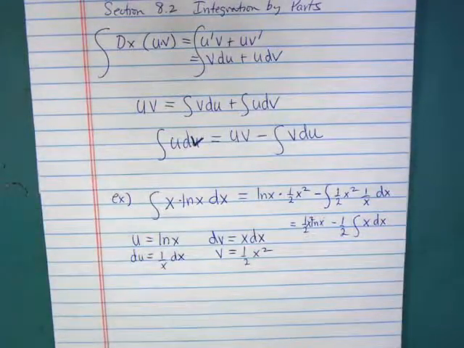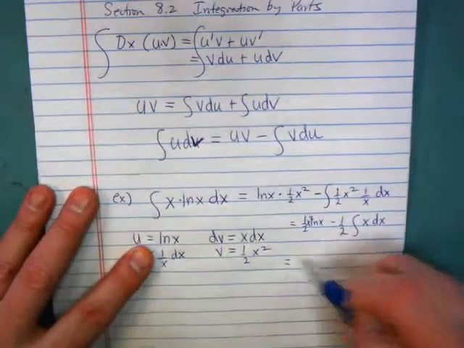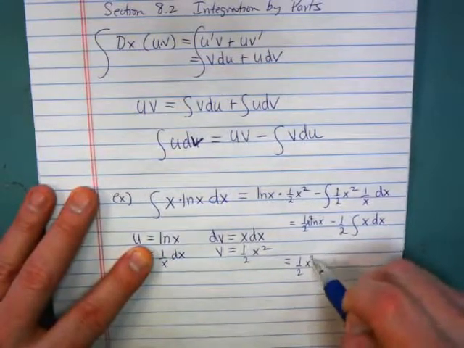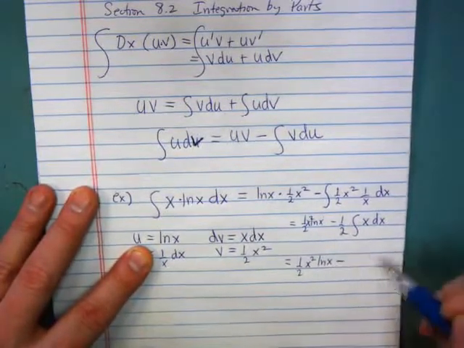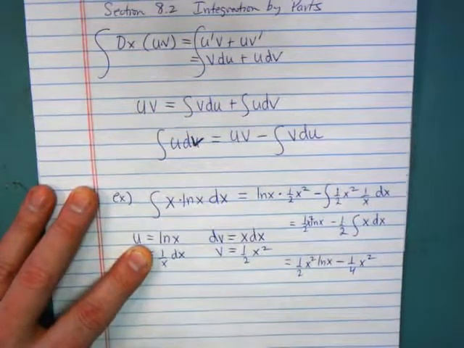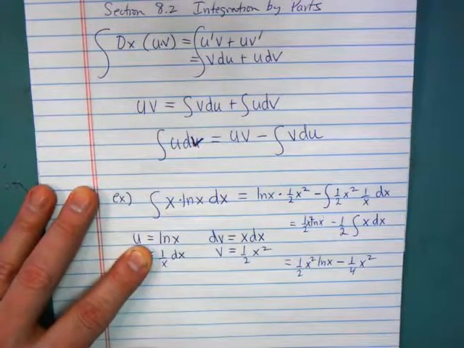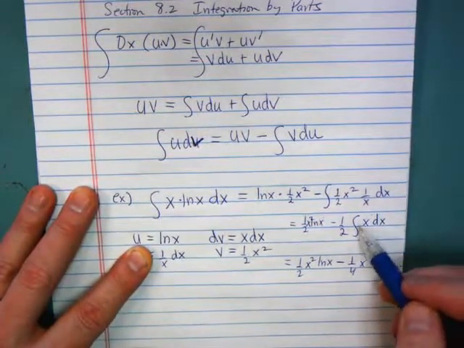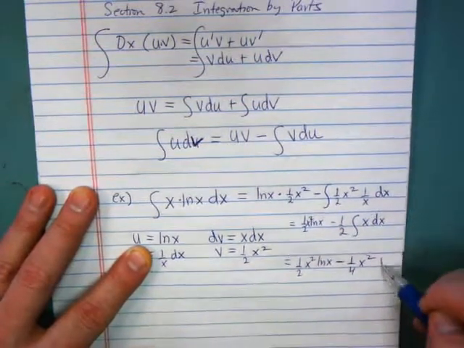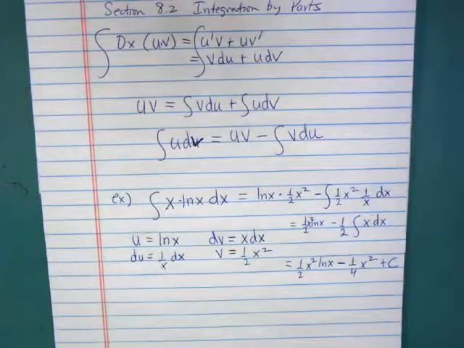When I simplify inside, that just becomes x dx. Can I integrate x dx? I better be able to. Final answer is 1/2 x squared ln x minus 1/4 x squared, because I'd have a 2 and I'd have a divide by 2, combine my terms there, plus c.